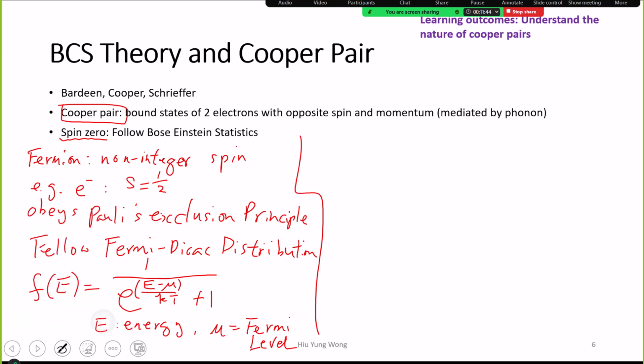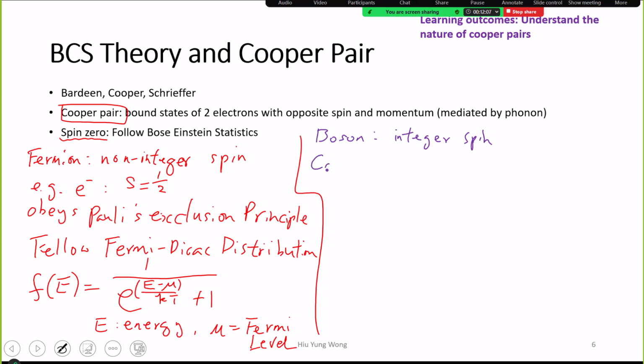Now, naturally, if it is not a fermion, what would that be? It is called a boson. And it, of course, has what type of spin? What do you think? Integer, yeah. So its spin can be 0, 1, 2, 3, 4, 5.